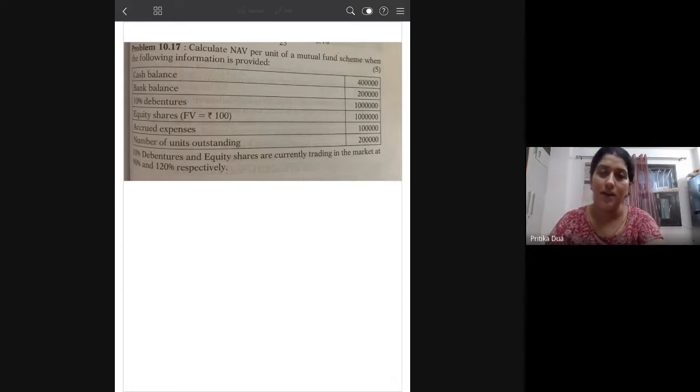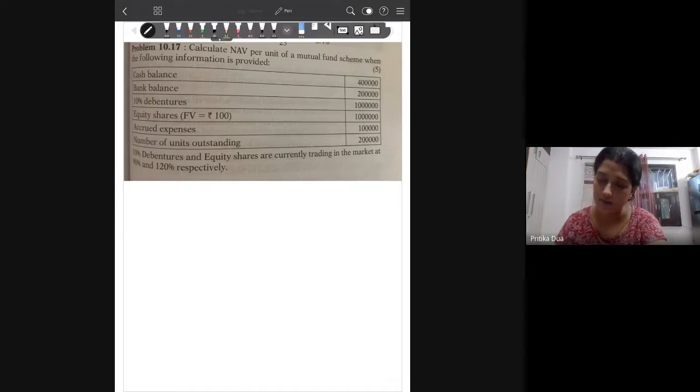You are given the current market value of the debentures and equity shares. Debentures are trading at 90% of their value, while the equity shares are trading at 120%. So you need to consider the current market value when calculating the NAV per unit. Start solving. Post your answers in the chat box.